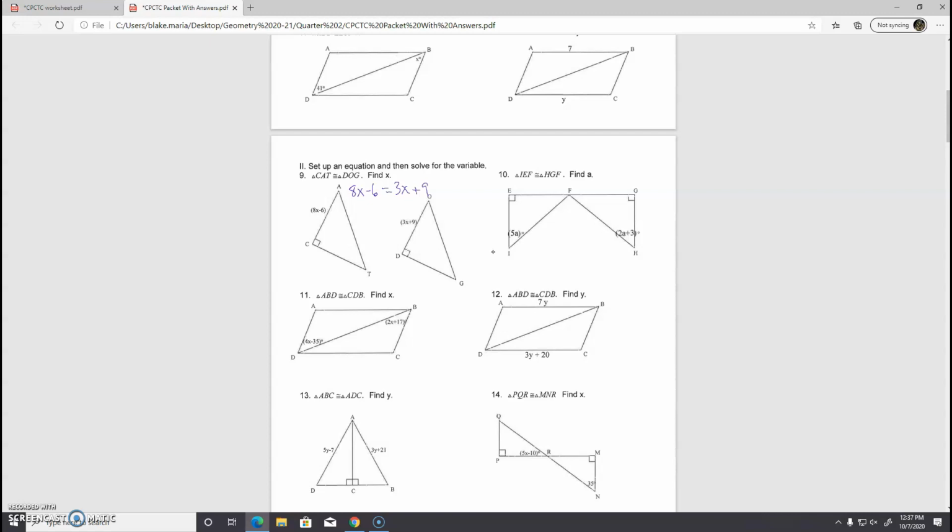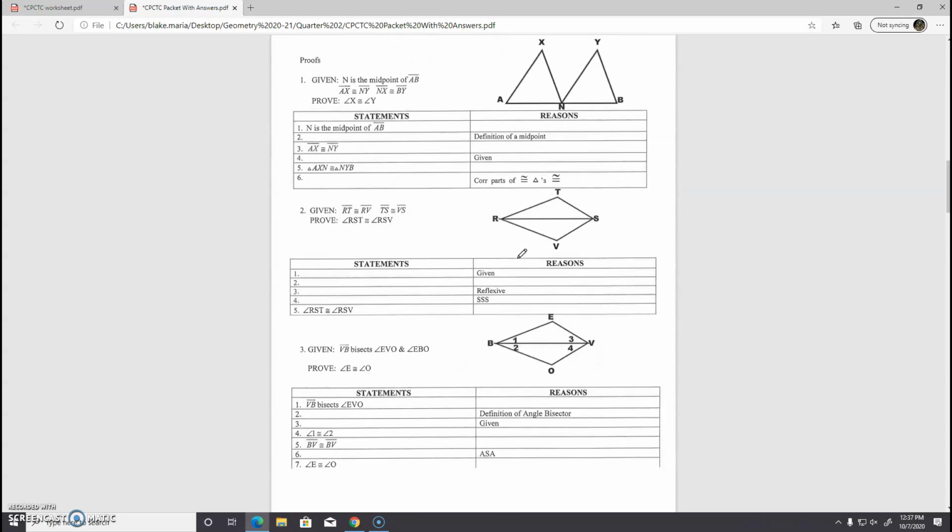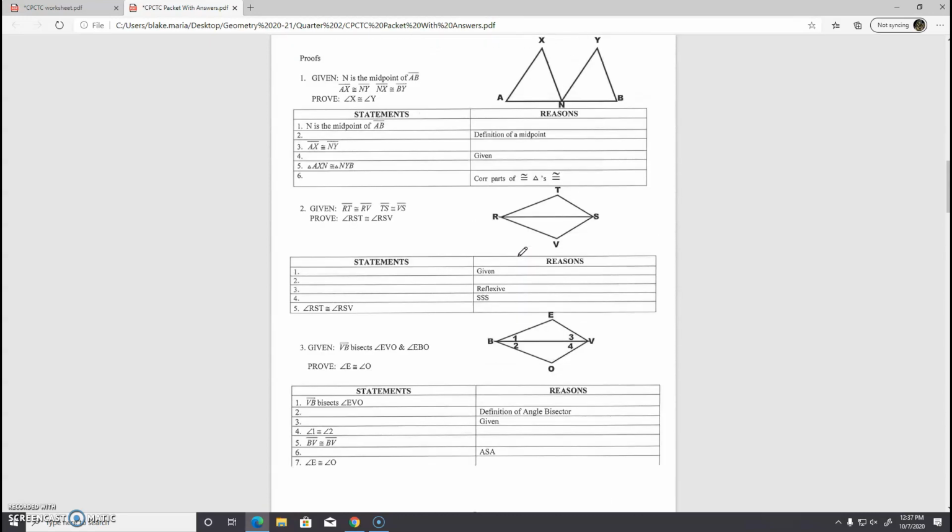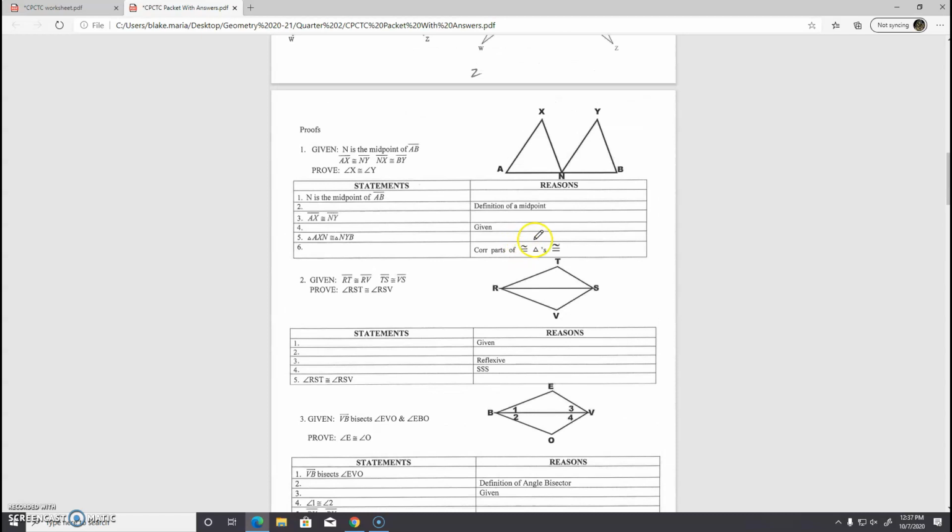And that should get you through the rest of this worksheet. You do have a couple of proofs. Again, mark your givens in your picture, mark your givens in your proof, and kind of work through the proof. Draw the stuff on the picture, see what happens. All right?